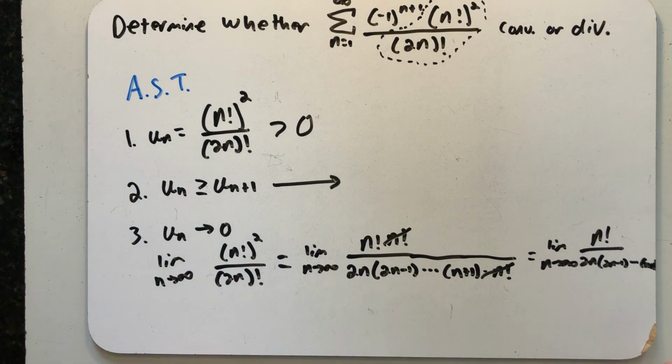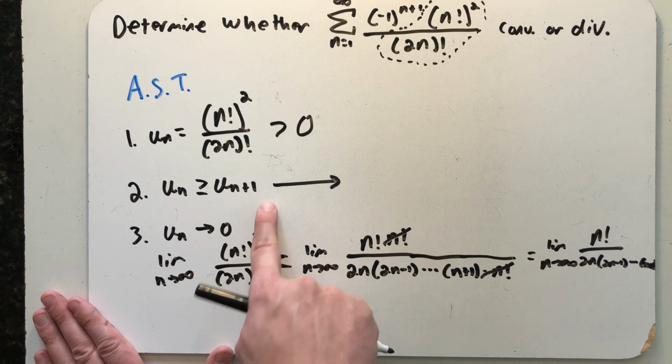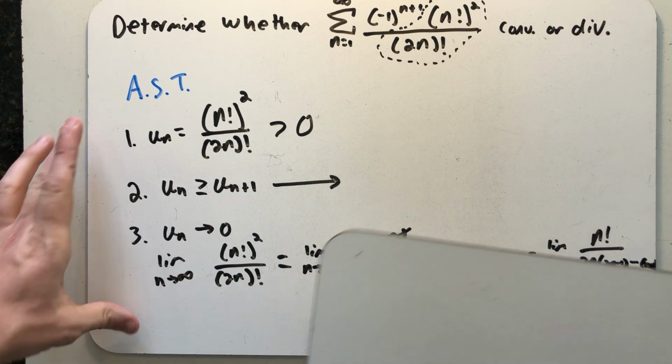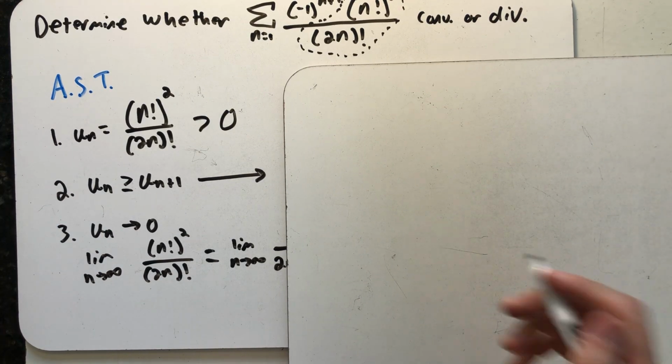Leaving me only to check this bit of arithmetic, that the u sub n's are at least eventually decreasing. And so that is going to make me set up an inequality. I'm going to have to look at the n plus first term and compare it to the nth term. So let's get that set up.